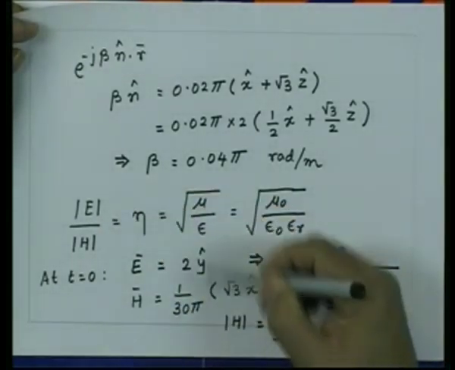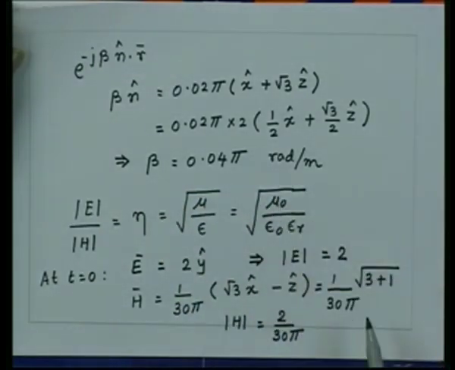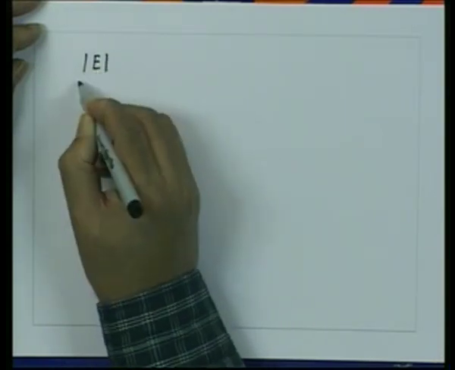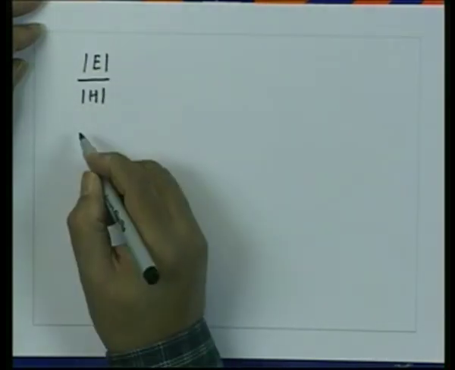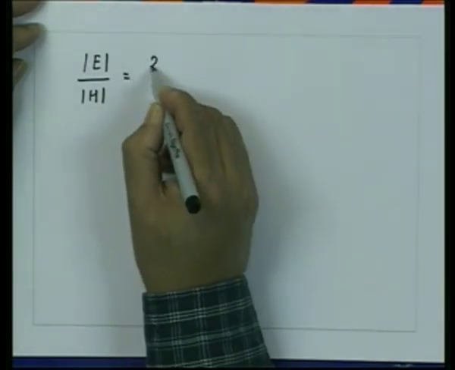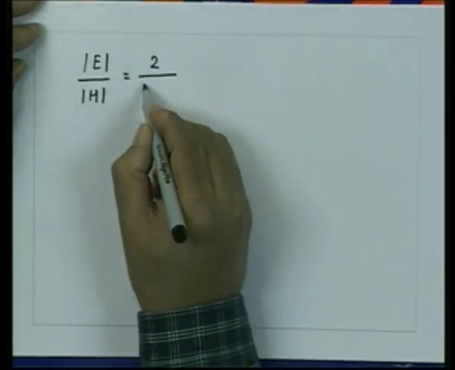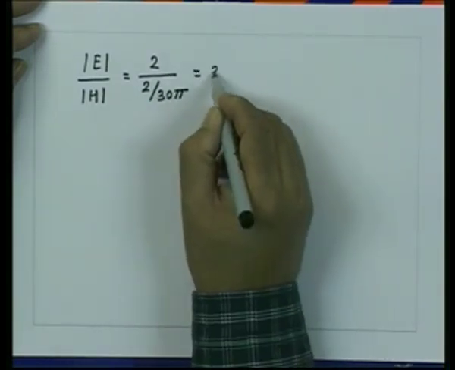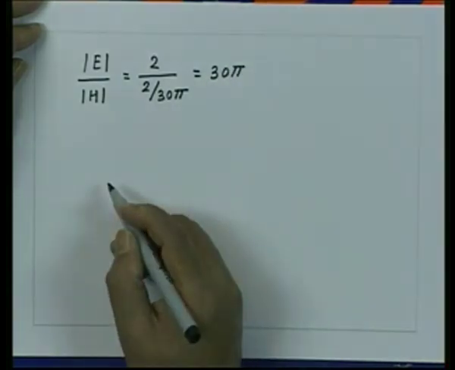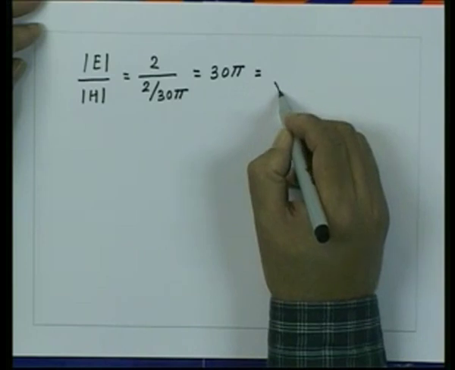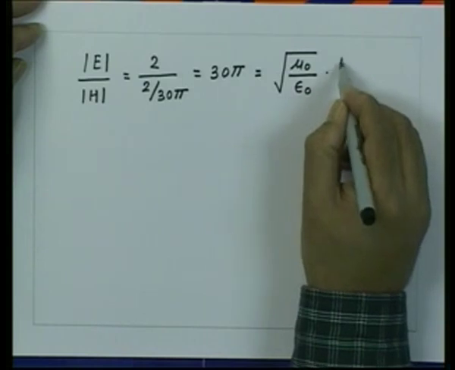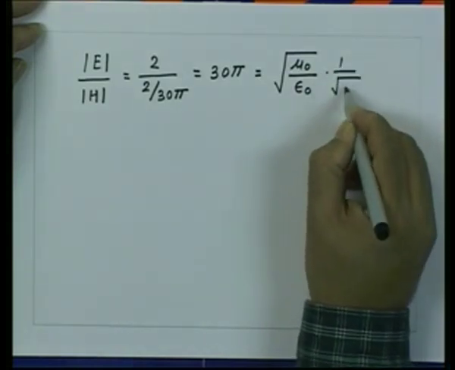Then we can take the ratio of these two, and from there we can find out the dielectric constant of the medium. So, essentially we get mod E upon mod H, that is equal to 2 upon 2 upon 30 pi, that is equal to 30 pi, that is equal to square root of mu 0 upon epsilon 0 into 1 upon square root epsilon r.